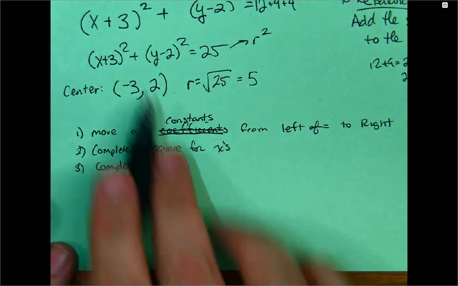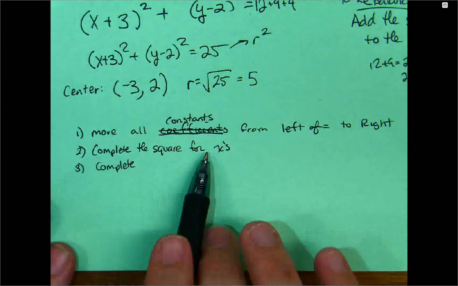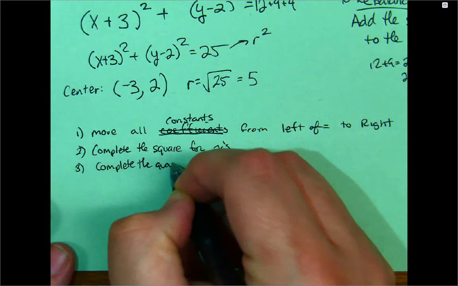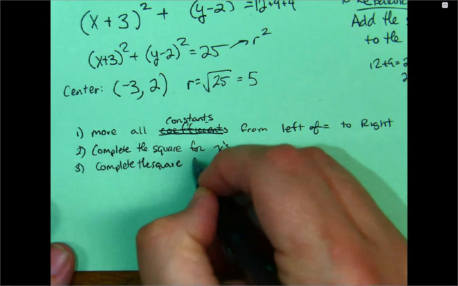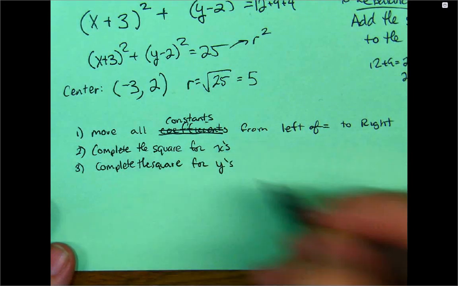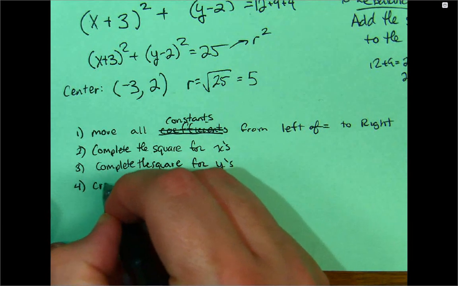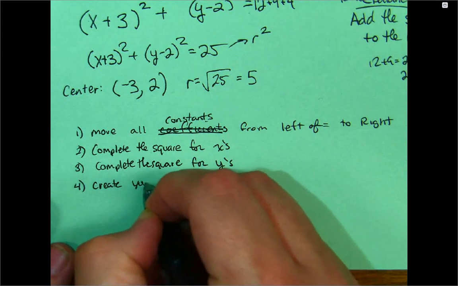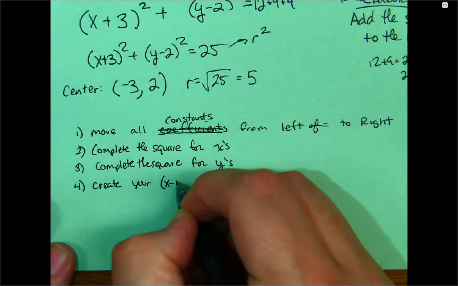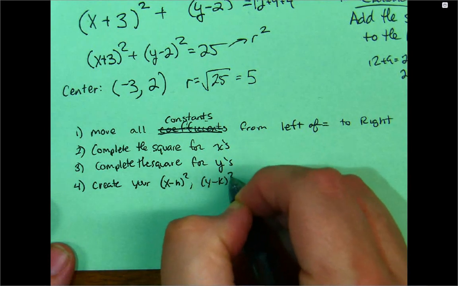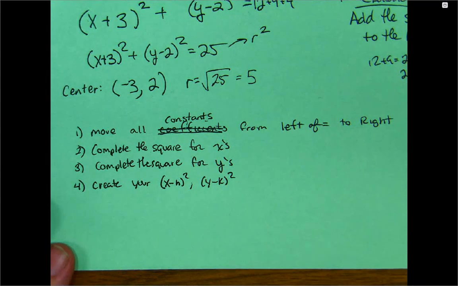Complete the square for the y's. Create your x minus h quantity squared and your y minus k quantity squared.